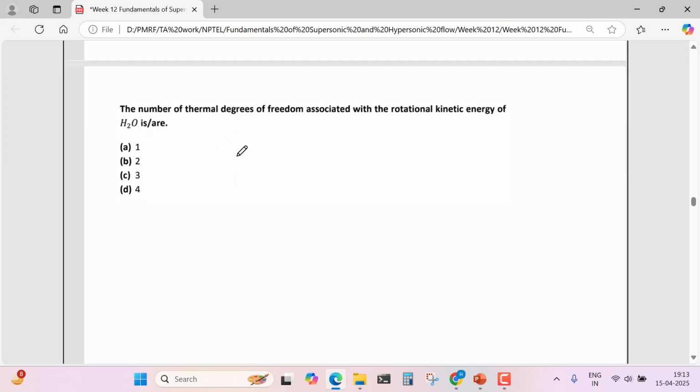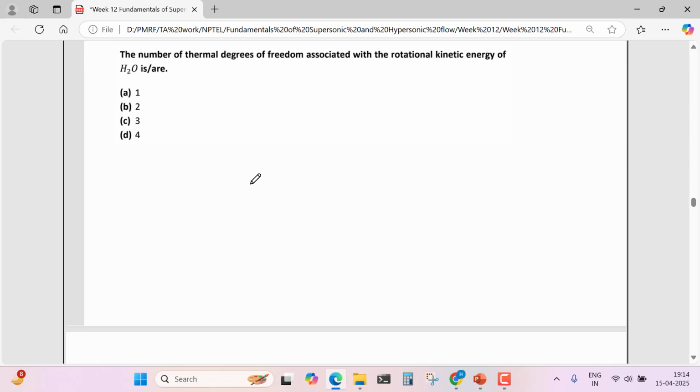The number of thermal degrees of freedom associated with the rotational kinetic energy of H2O is or are: option A 1, option B 2, option C 3, and option D 4. So what will be the answer for this problem?